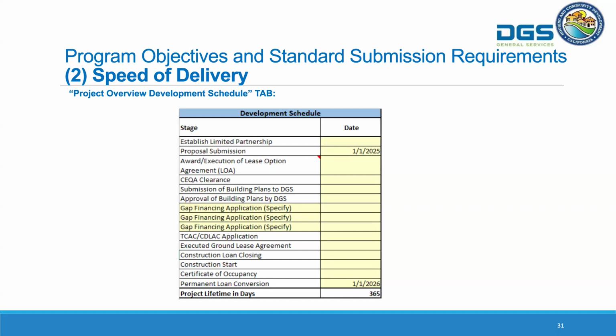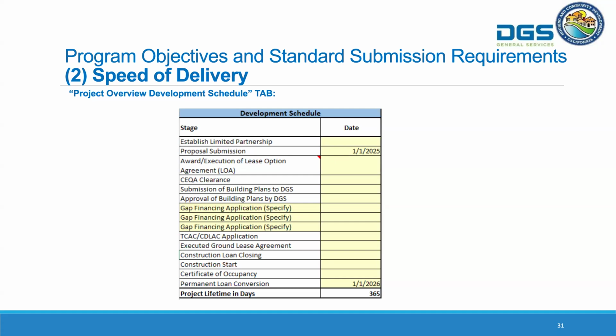Okay, next, I want to give a heads up that later in the presentation, we will outline the evaluation process, but the site is not awarded until the lease option agreement, or as we will call it, the LOA, is executed. So in filling out your schedule, you should assume at least 60 days after the final submission deadline for the LOA to be executed and site awarded. And I'll talk more about that later in the evaluation process.